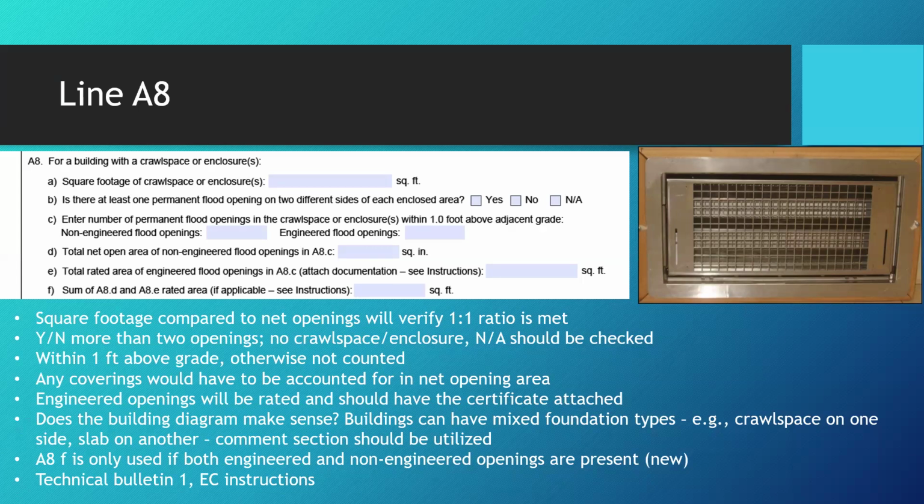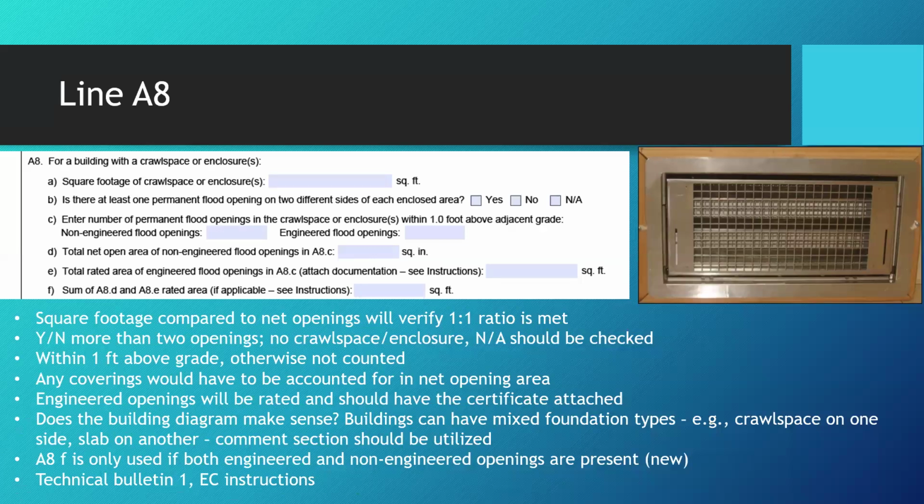And again, within 1 foot above the adjacent grade. Are they engineered? How many of them? How many non-engineered openings do you have? And then what is the total net area of non-engineered flood openings and the rated area of engineered openings? So sometimes you'll have both or just one or the other. And then we'll take whatever the net open area is for either one or both of them, and then make sure that that is equal to the square footage of the enclosure or the crawl space.